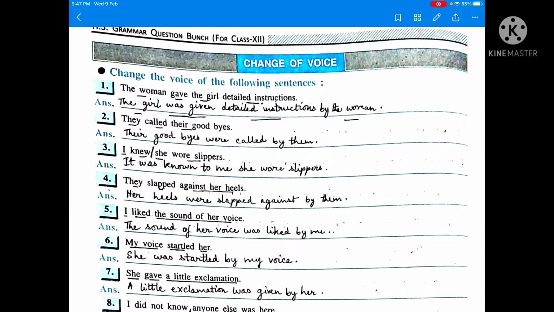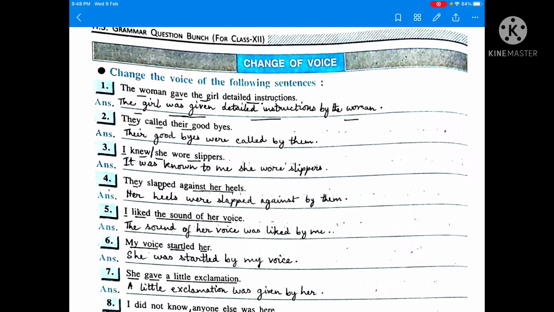I have already discussed in my previous videos for classes 8 and 9 the rules of changing active voice into passive voice and vice versa. Now, let me first explain how I can find the subject or the object in a sentence. If I ask the verb question with what or who and the answer is placed in front of the verb, then that word is the subject.